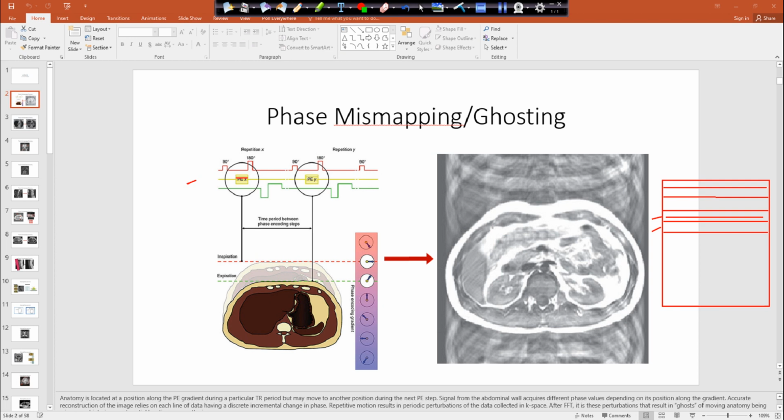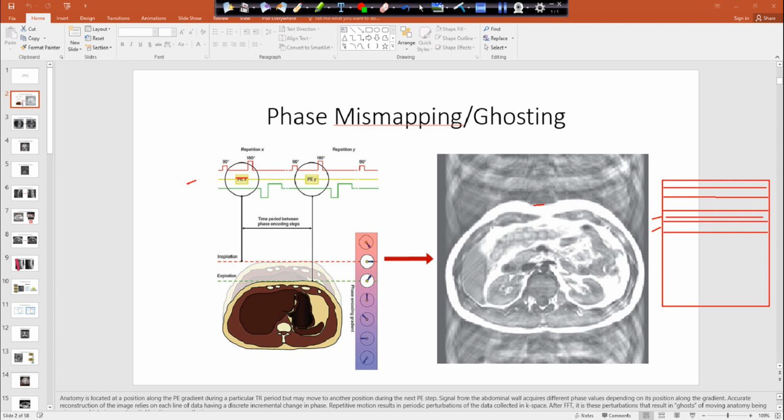And then what has happened is now the data is being allocated into a different pixel, and it streaks across our image in the phase direction, because that is usually the gradient that has kind of screwed up compared to our slice select gradient that turns on every RF pulse, and then our readout gradient, which is consistent. So the other two gradients are consistent, but the phase encoding gradient changes each TR period. So that's why the artifact streaks across in the phase direction.